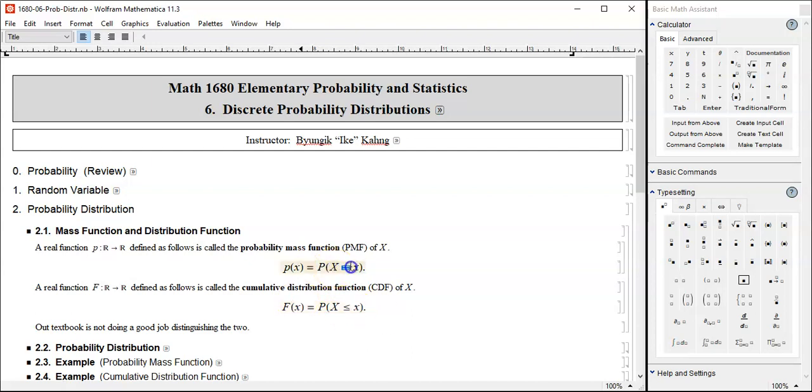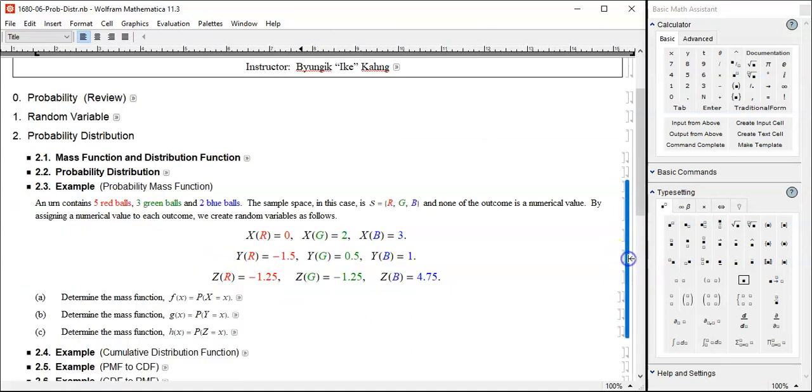Here we have capital X is equal to x. Here we have less than or equal to x. That's the difference. But then again, it's really hard to understand what is what just by looking at these symbols because they are so confusing. We have small p and big P and capital X and small x, which is which. It's really hard to follow. So let's begin examples, and I hope examples will help you understand better.